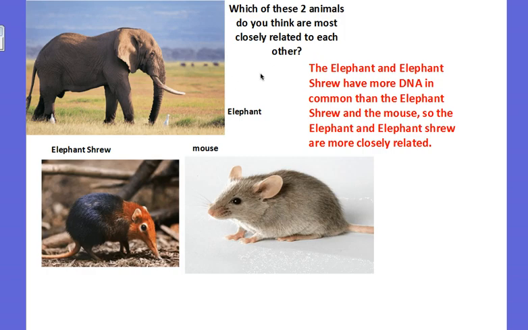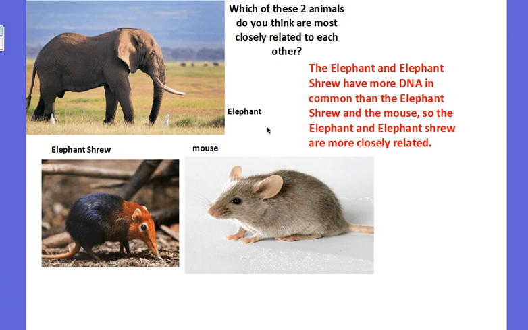One thing that was kind of surprising to scientists, and we talked about it a little bit in class, is that sometimes you can't just tell by looking at something how closely it's related. So if you looked at these three animals really quickly, I would automatically assume that the elephant shrew and the mouse were more closely related to each other than to the elephant.